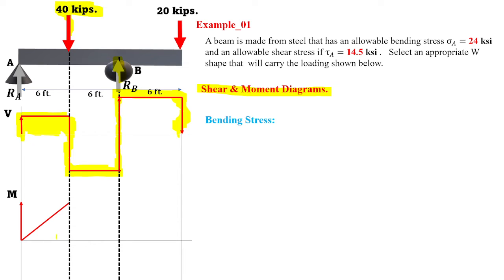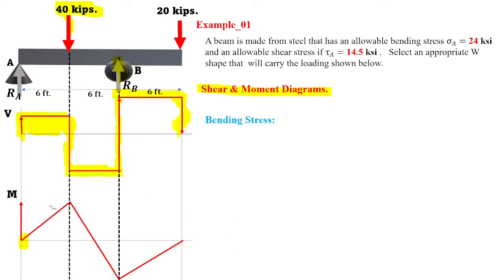And if we want to draw the moment, the area under shear, the area under this rectangle, translates to this triangle here, and it is the maximum value here. There is no moment at the free end and at the beginning, so those are 0.